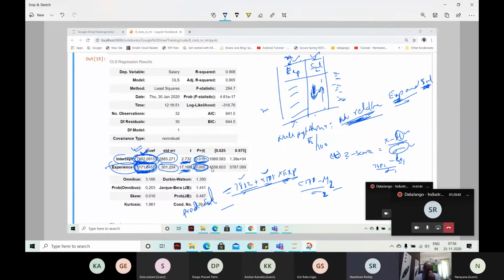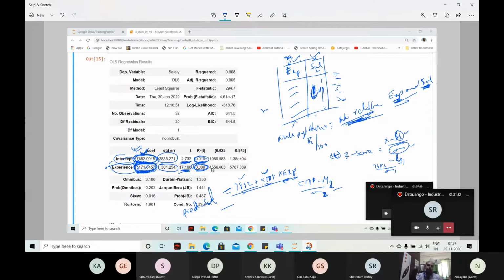I got that point, but the exercise, as we said, is taking one input and one output, in this case experience and salary. We are trying to change the salary, keeping the experience intact. We are doing this exercise to find whether the experience is significant, by finding the T-score and p-value.